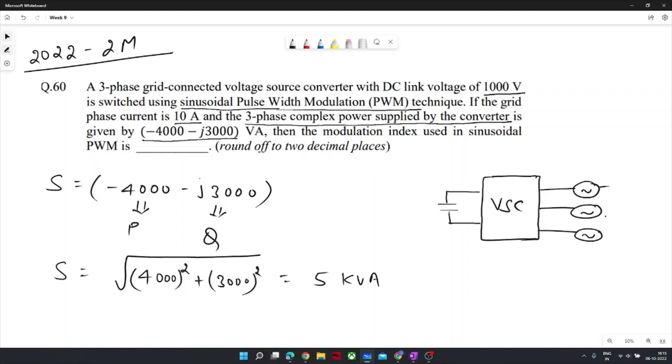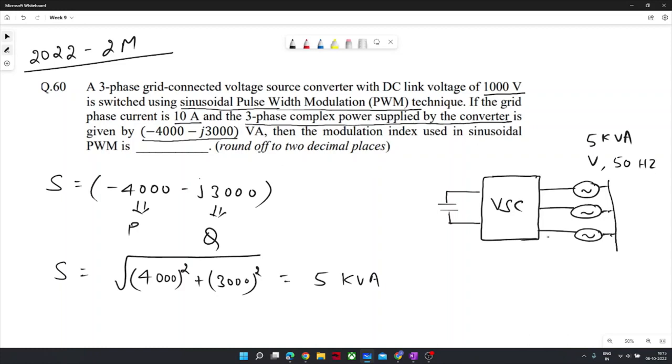Here this grid is supplied with some voltage. That voltage is not given, and its frequency would be some 50 hertz or 60 hertz, and its rating is 5 kVA.